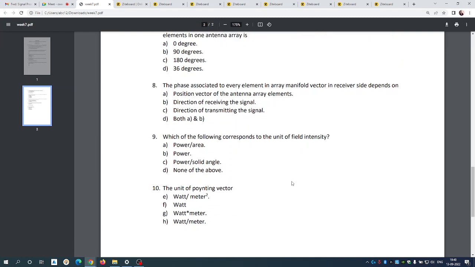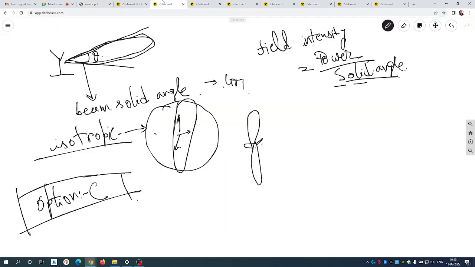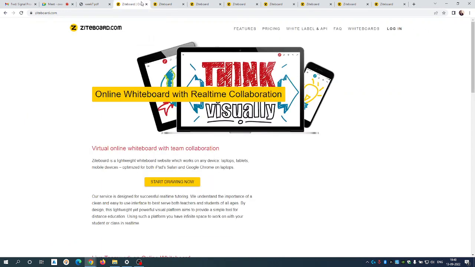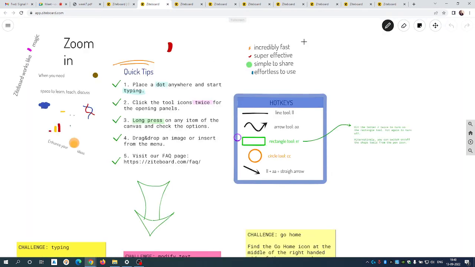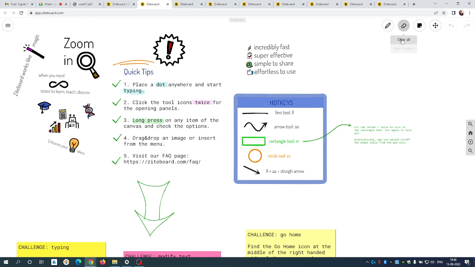And the last question is the unit of pointing vector. So this is also some sort of equation that comes. Last question is, what is the unit of pointing vector?